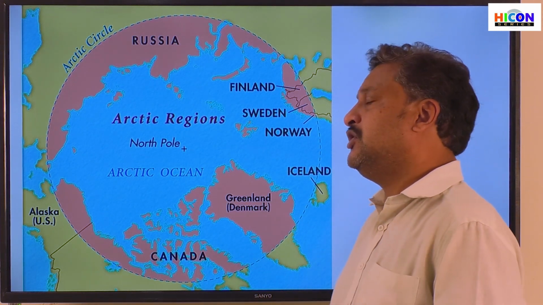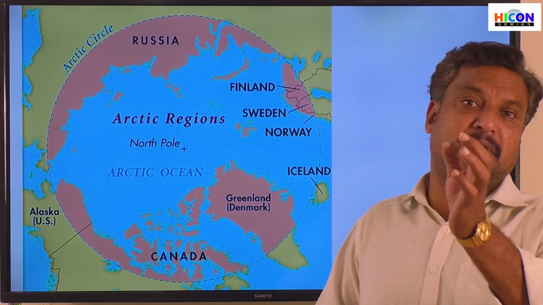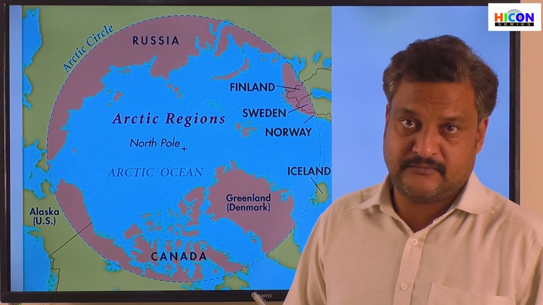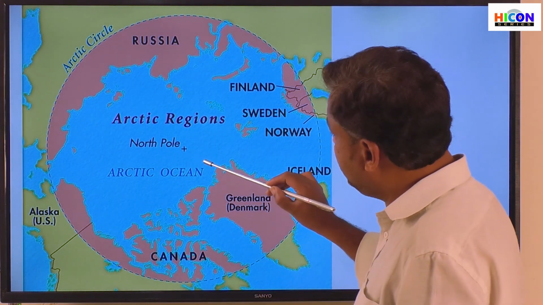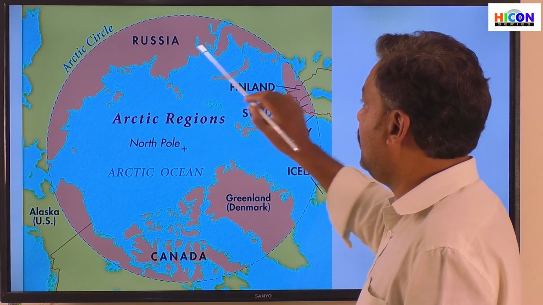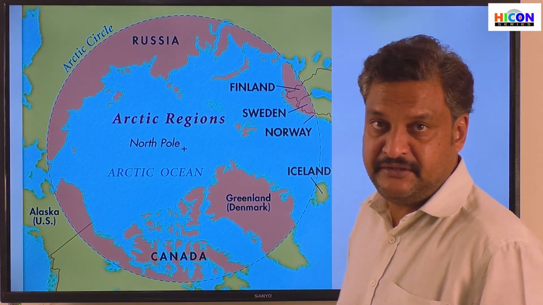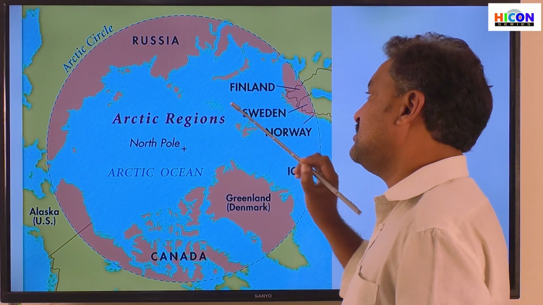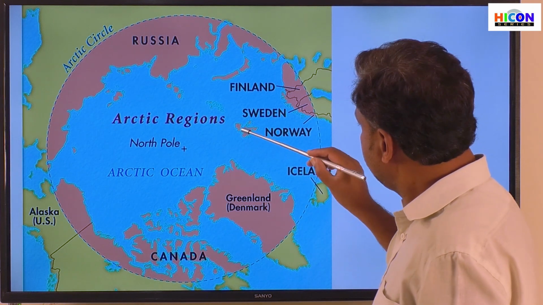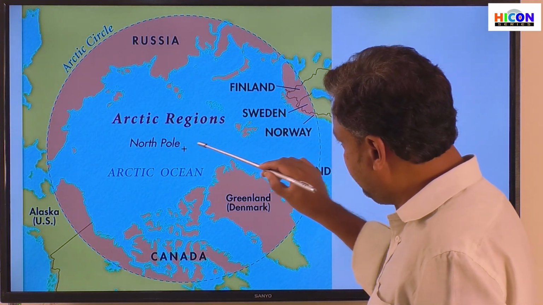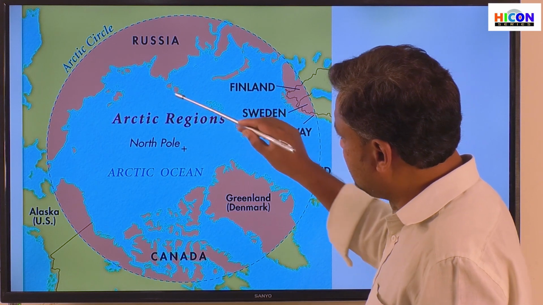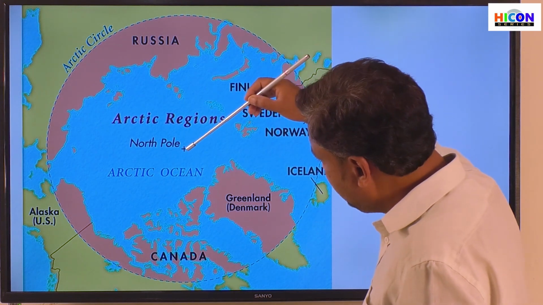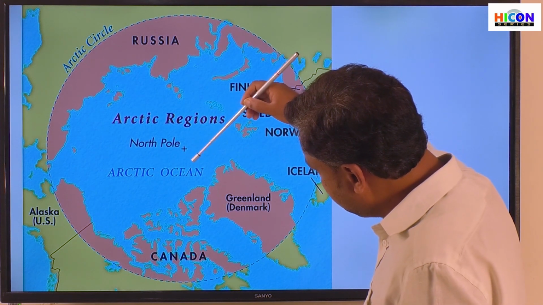And the northernmost land mass point, see, this blue colored region is ocean, isn't it? Which is the northernmost land mass here? These are all very far. Something very close is this region, isn't it? Yes.